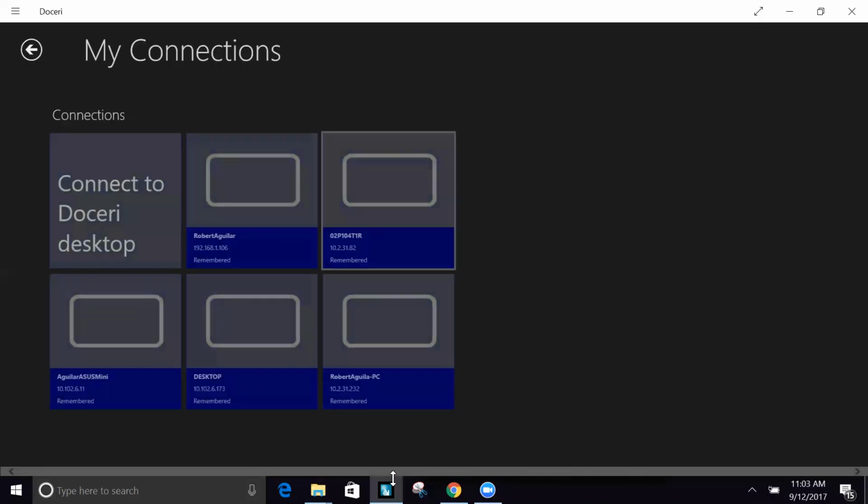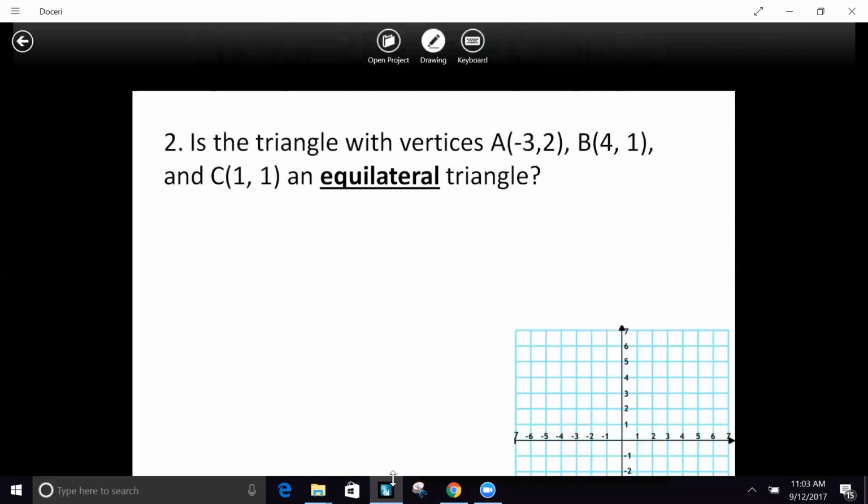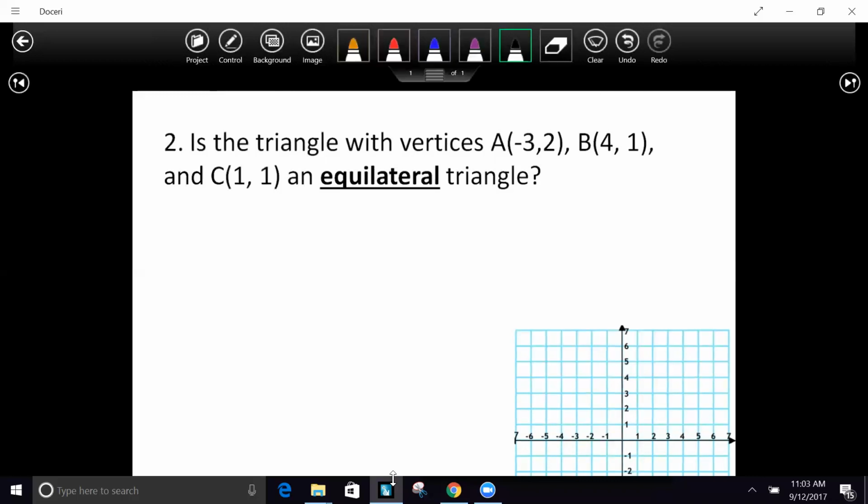Made a boo-boo here. Do not copy C. Do A and B first. A and B is okay. Give me 1 second. There we go. C's coming once it lets me write, which it should right now, and here.